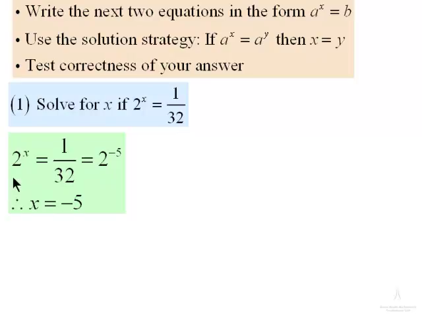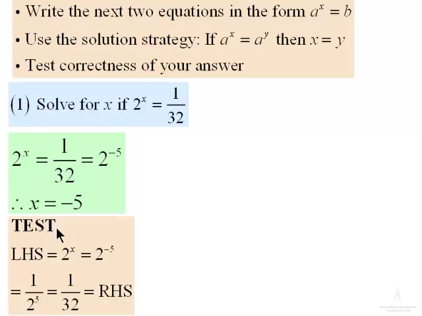So according to this strategy, x must be minus 5. Then I can test the correctness. I'll start off with the left-hand side, which is 2 to the power x, and replace the x by the suggested solution of minus 5. So we get 1 over 2 to the power 5, which is 1 over 32, and that is equal to the right-hand side. So we know that the solution will be correct.